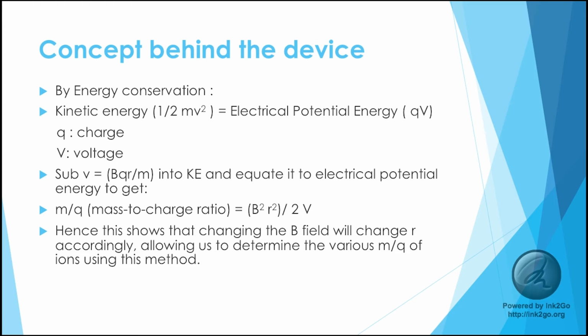And so we can get m over q equals B squared times r squared over 2V. From this equation, we can see that changing the magnetic field will change the r of the path accordingly, allowing us to determine the various m over q of ions using this method.